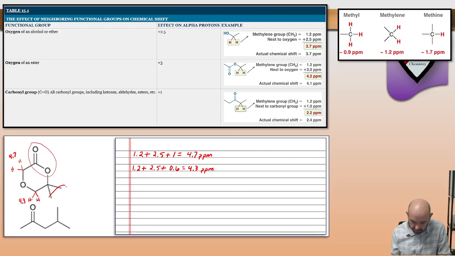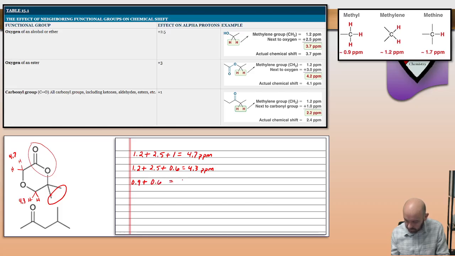We also have some CH3 protons here, and they are beta to this carbonyl group, or the ester group there. So we can see that methyl carbons generally start at 0.9, but they are beta to the ester carbon there, so that's going to add 0.6 to their chemical shift.